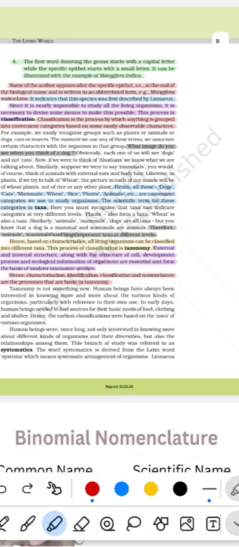External and internal structure, along with cell structure, development process and ecological information of organisms, are essential to form the basis of modern taxonomic study.